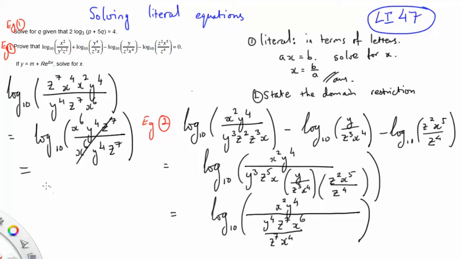That all cancels to give 1. And 10 to the power of 0 equals 1. So that equals 0. We've proved it. That's our answer.